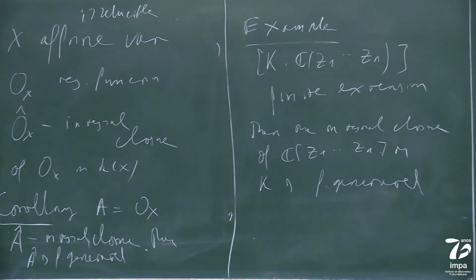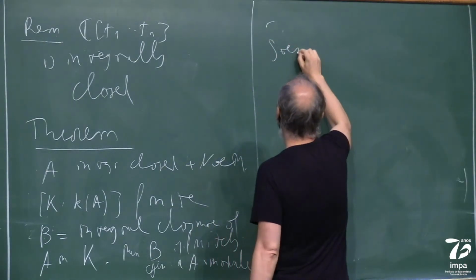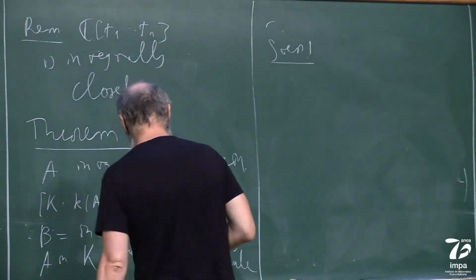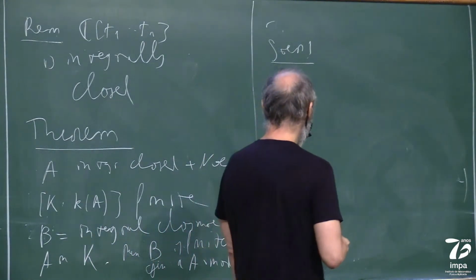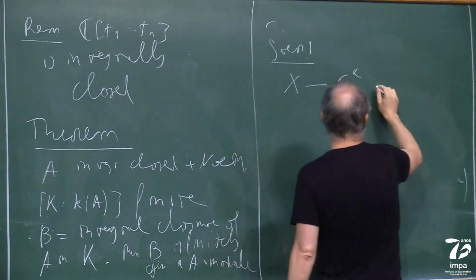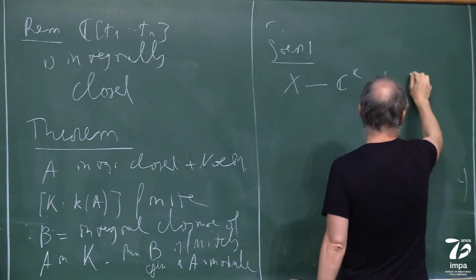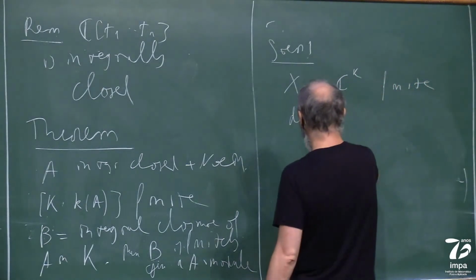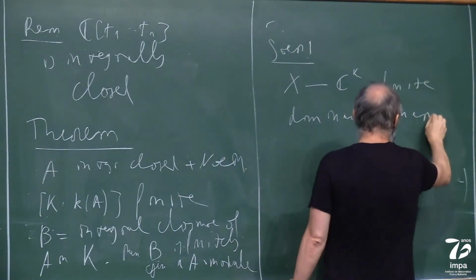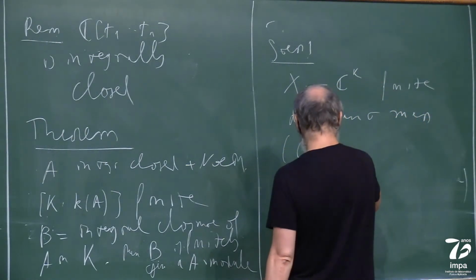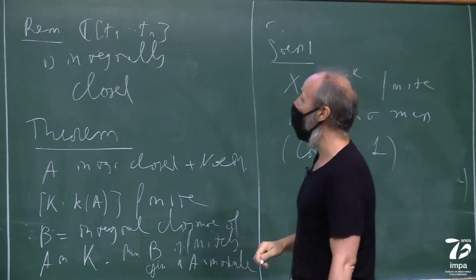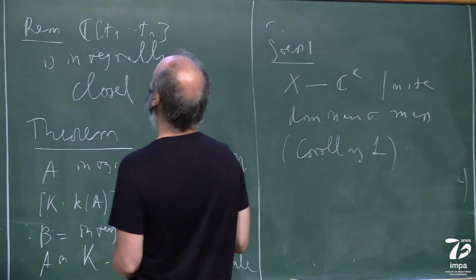So step one. And of course, we need this finite dominant map, which was constructed in the last lecture. So you have X to C^k, a finite dominant map, which exists by corollary 1, which is the first version of the Noether normalization lemma.